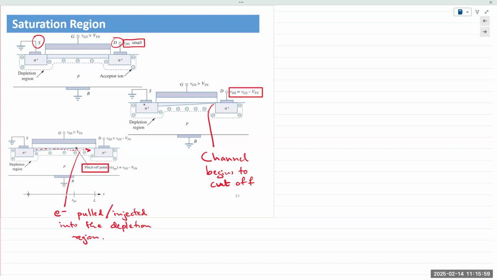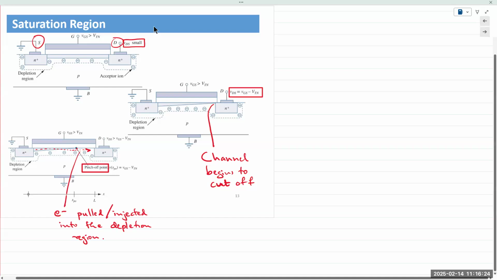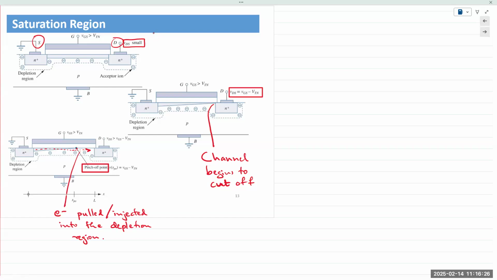And once they're pulled into the depletion region, they come under the effect of the drain source voltage VDS. Because the drain is held at a positive or higher level, the electrons are attracted to the charge and current still keeps on flowing through the device. But it approaches a limit. Okay, it approaches a limit and the current saturates.